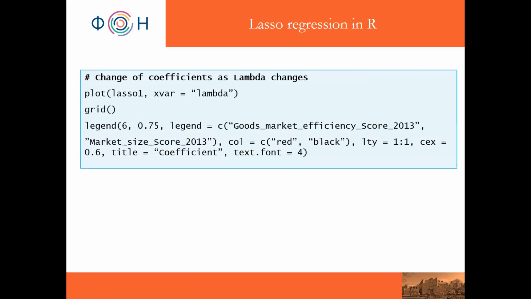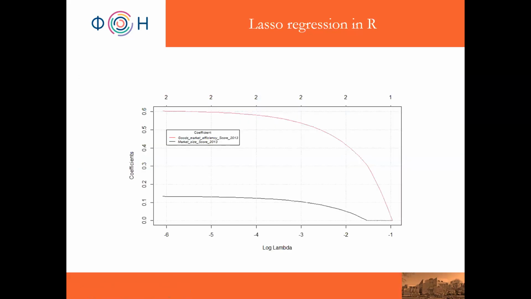Also, we can create a pretty nice plot to see how our estimates change as lambda changes. It is similar to the one we saw in ridge regression, but we can see that now the shape of our estimates, and how they change based on the value of lambda, is pretty different.